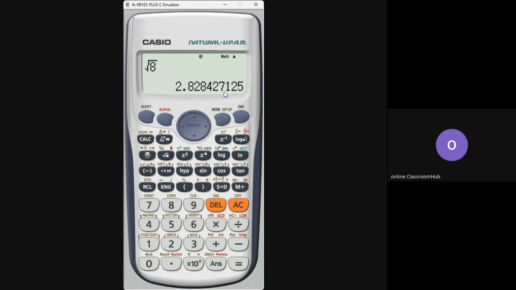The calculator can display up to a certain number of digits. So when you see that root 8 has 2.82, blah, blah, blah, up to 125, it does not mean that that is the end of the decimal. Irrational numbers, their decimals do not terminate. It continues endlessly. Let's go back to our working board.